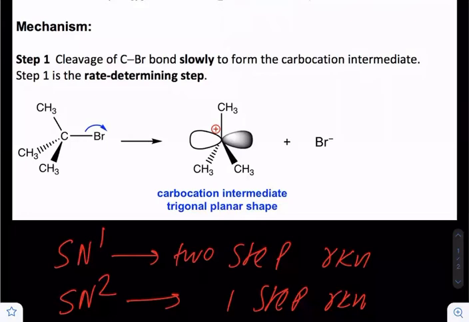The first step is the leaving group leaves. This is prior to any contact with the nucleophile. This carbon is able to lose a bond. This bromine, and Br minus is very stable by itself.